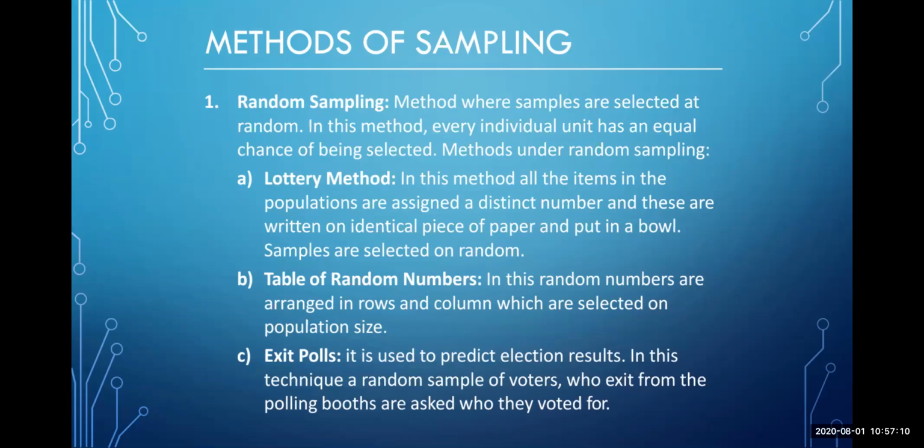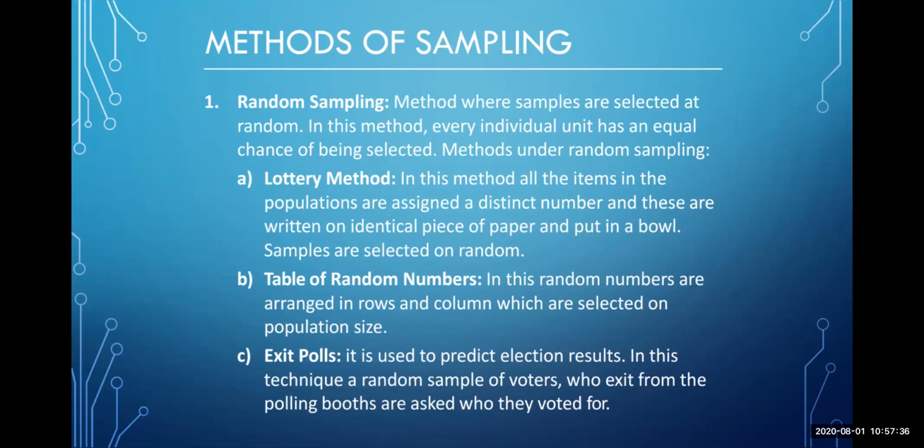In this method, every individual unit has an equal chance of being selected. Let's say, for example, in a class of 30 students, I randomly pick 10 students and take the survey of those 10 students. So in this kind of random sampling, every individual unit has an equal chance of being selected.